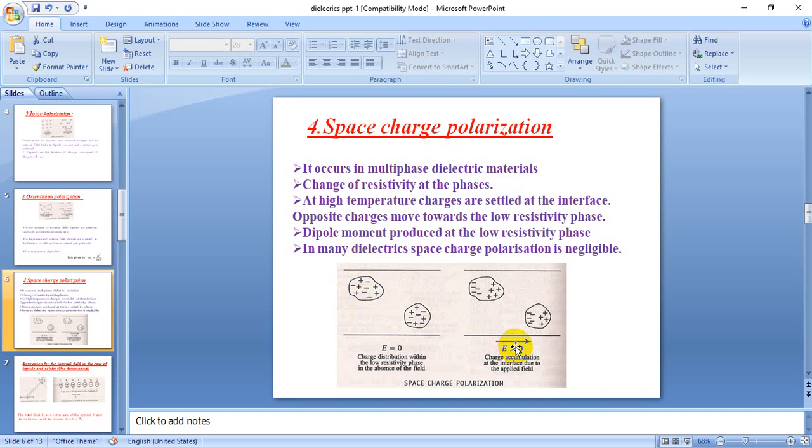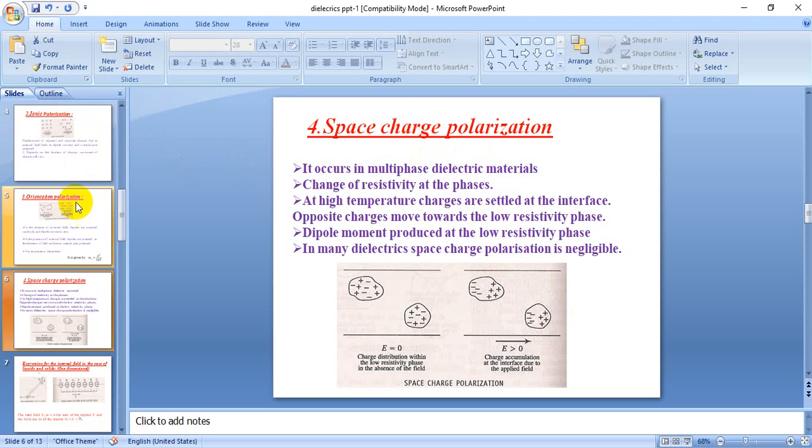When we apply the external electric field to such multi-phase dielectric materials, positive and negative charges are separated, but at a higher temperature the charges settle at the interface, where they accumulate, while opposite charges move towards the low resistivity phases. A dipole moment is also produced at the low resistivity phase. Because of that, we usually neglect space charge polarization for many dielectric materials. This space charge polarization is also temperature dependent.